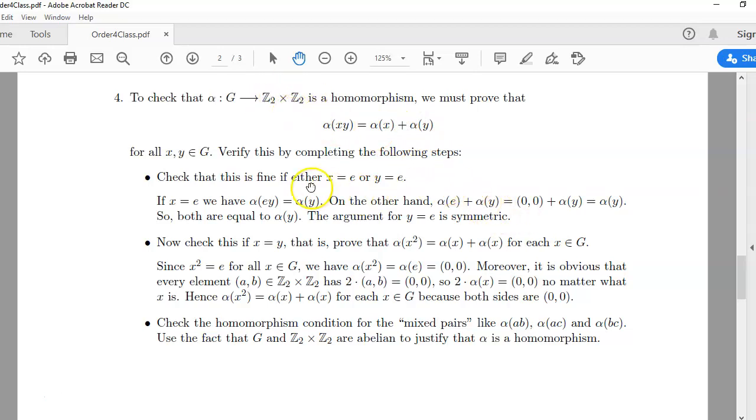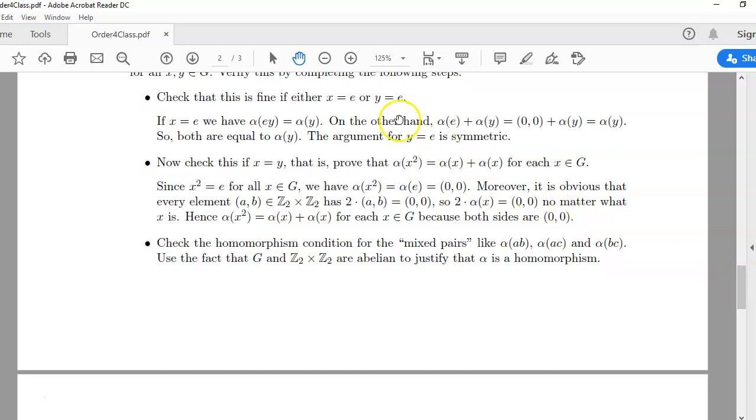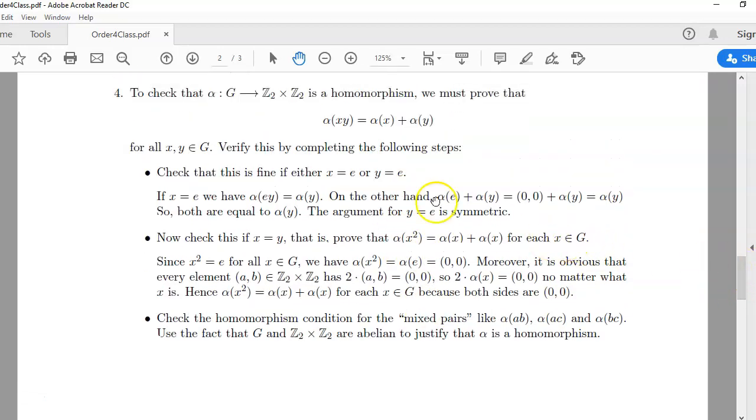Okay? This is not too bad, to be honest, but you have to do it in 4 annoying cases. Oops, I guess it's 3 cases. Yeah, just 3 cases, and you've got to check it in 3 cases. And you can do it. It's not hard. I'll let you read it, but it's a little annoying. And again, appreciate this is annoying, and we're only talking about a group of order 4.